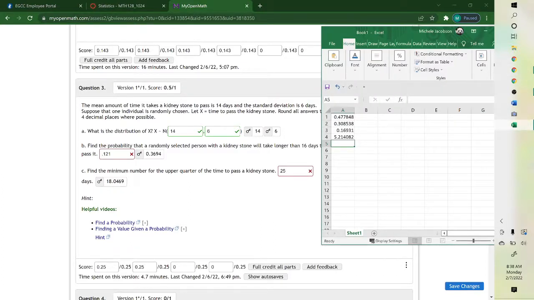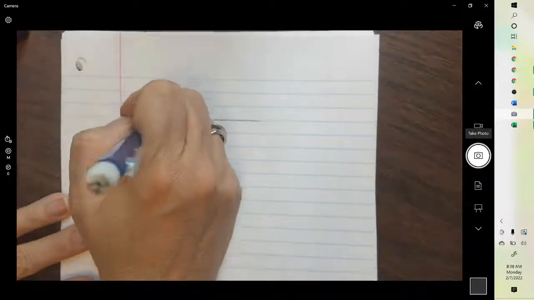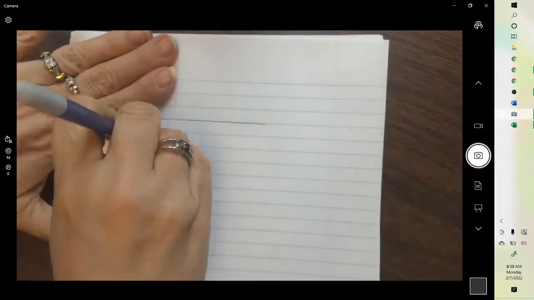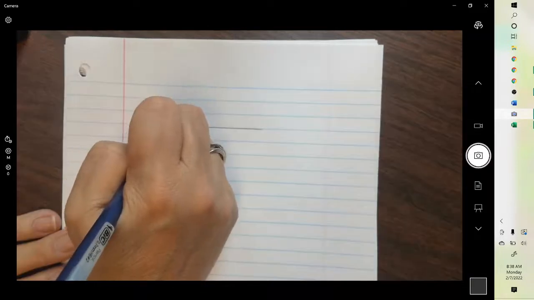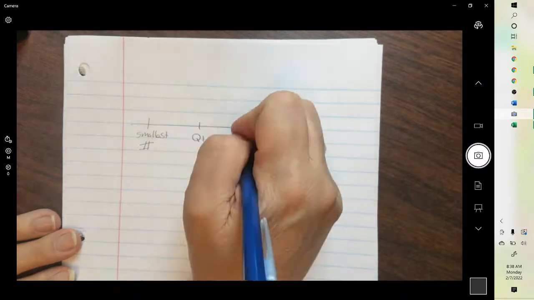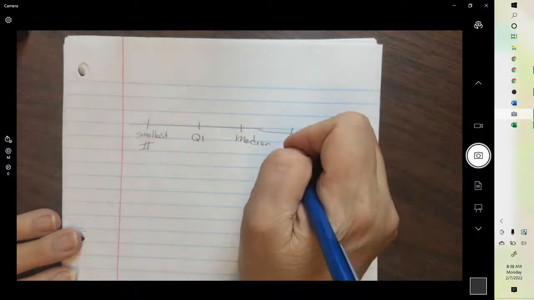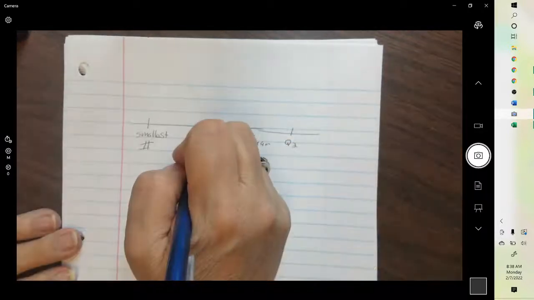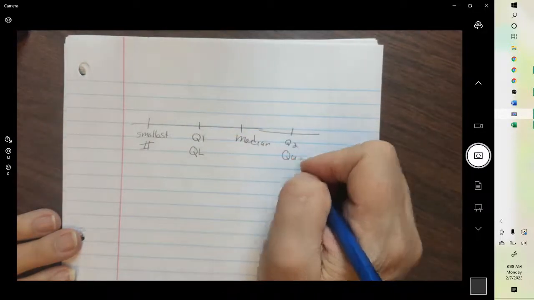Okay, quartiles. You have your smallest number. And then you have your Q1, your median, Q2, and Q3. So this is either your lower quartile or Q1, your upper quartile or Q3.